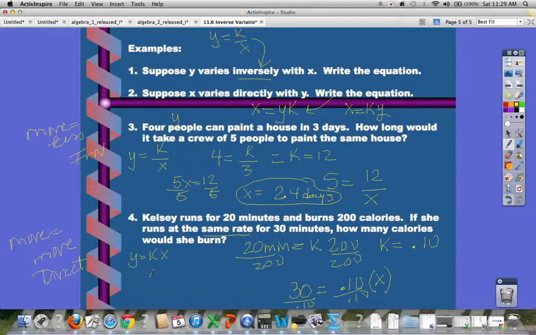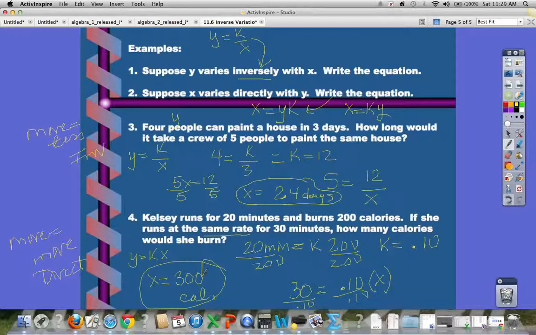And I'll put this over here. x will be 30 divided by 0.10. 30 divided by 0.10 is 300 calories. Okay, and that's our answer. So yes, it should be a bigger number because she's exercising for 10 minutes longer, so she should burn more than 200 calories. So for an extra 10 minutes, she burns another 100 calories. So that's a direct variation.